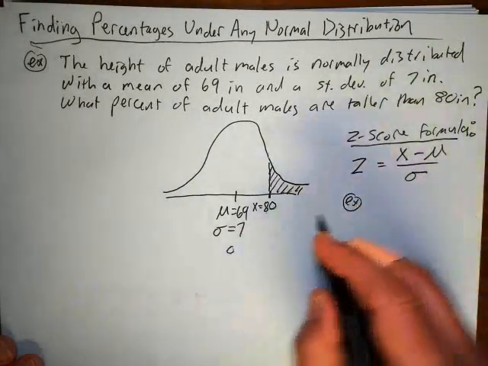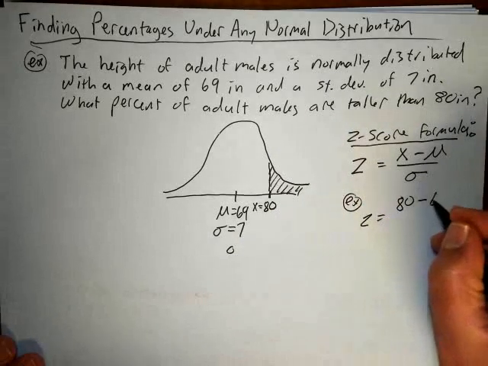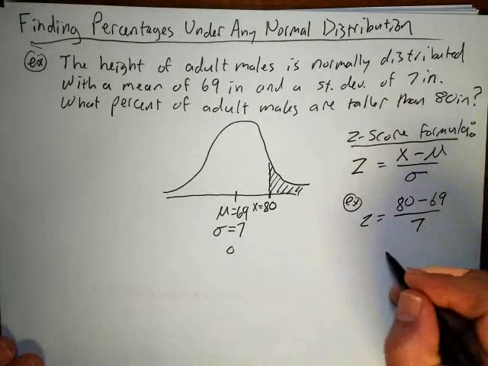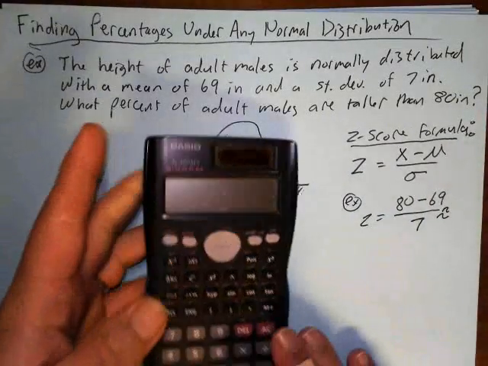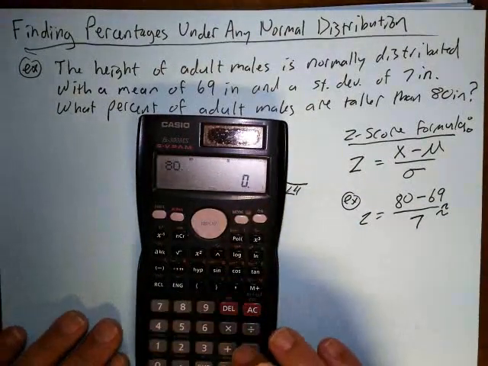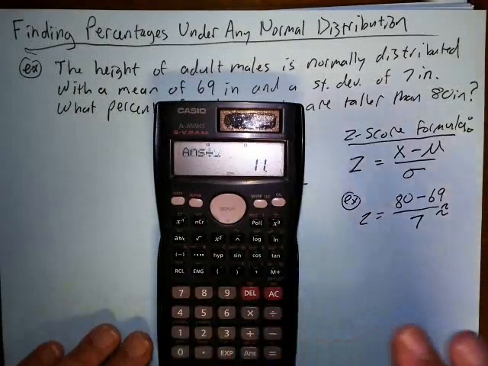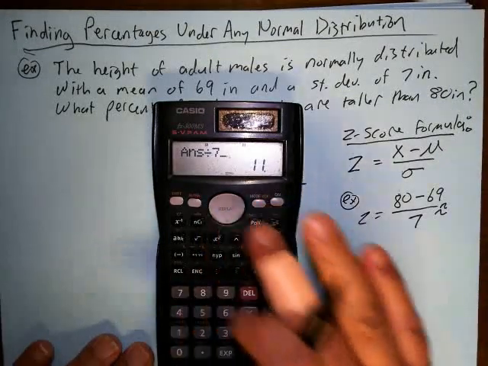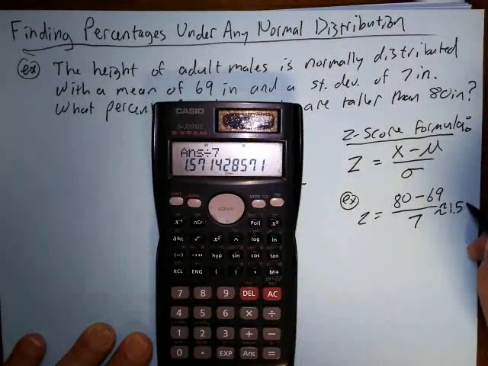So in this example, if I'm going to convert 80 inches, I'm going to take 80 minus 69 and divide that by 7. Then I put this into my calculator, and remember, you have to be careful when you do this. I have 80 minus 69, and then I'm going to divide the difference by 7. So I hit equals and then divide the answer by 7, and I get 1.57.